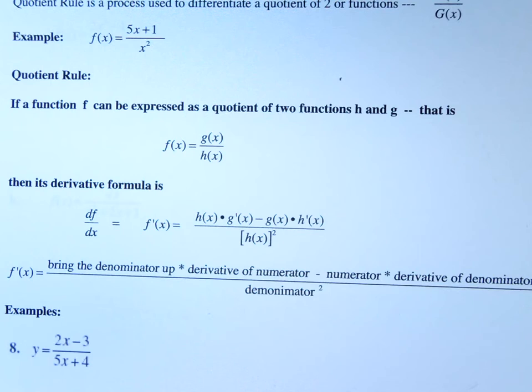So what do I need to do? I reach down, grab the denominator, and bring the denominator up. Once the denominator's up, it's like product rule. Everybody gets a turn. I differentiate the numerator, minus the numerator, which I've already differentiated, times the derivative of the denominator, all over the denominator squared.